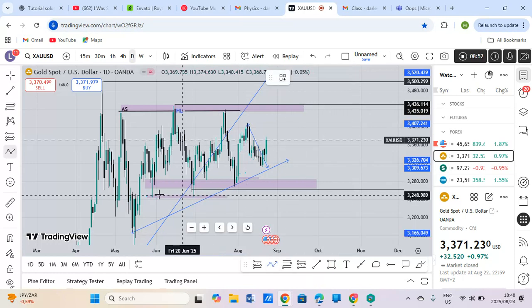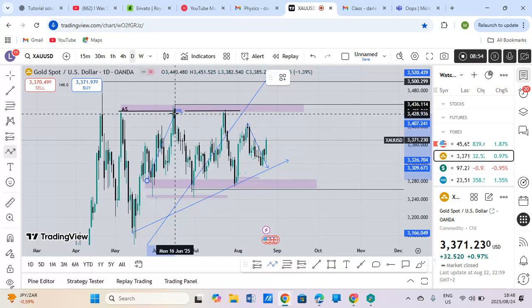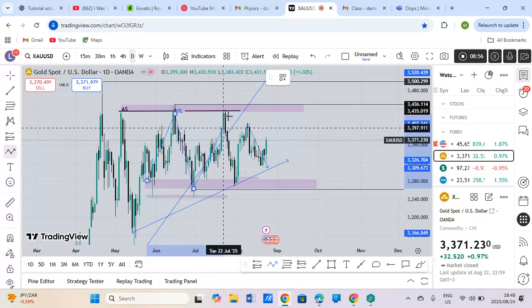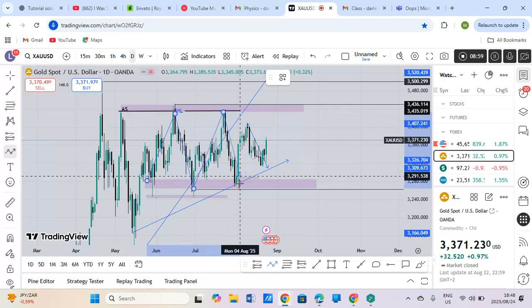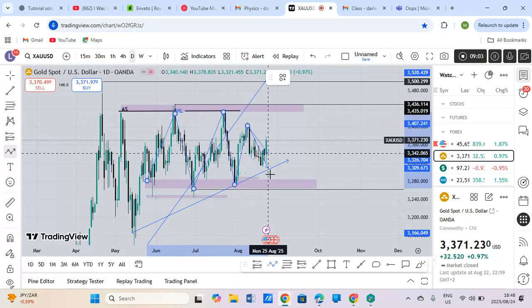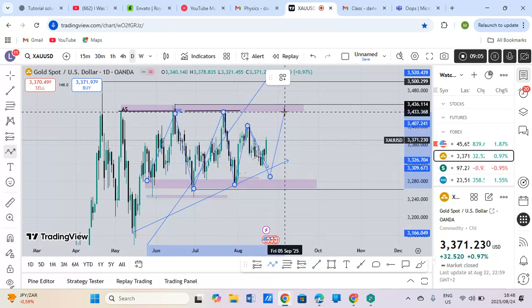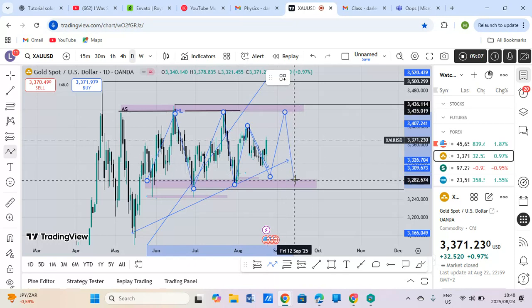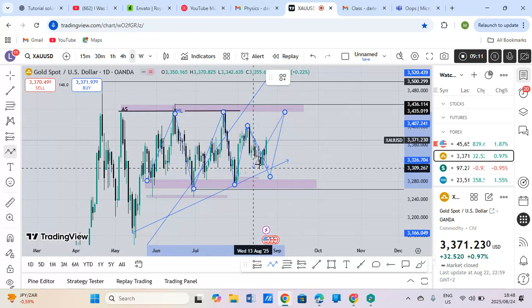I think that price will be playing around this zone for about 3 months to come, from September, October, November. I don't know how we're going to break out of this zone, because this is a correction that is happening on our daily time frame. You understand?